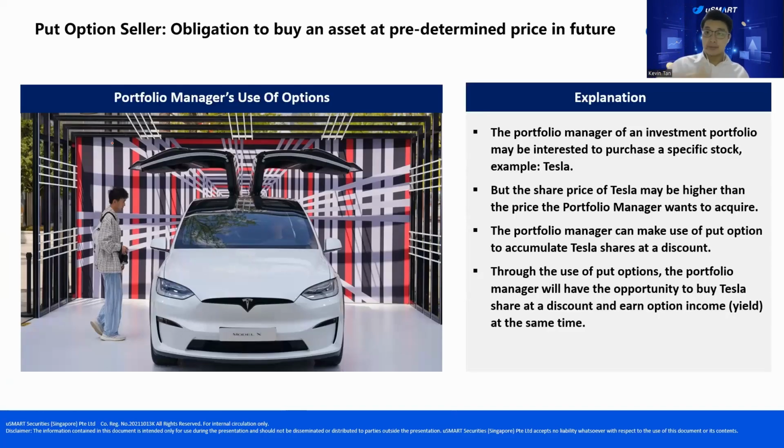So using the same example, let's assume that right now you are a portfolio manager of an investment portfolio. You see huge potential in Tesla shares, and you would like to purchase some Tesla shares, but maybe Tesla shares is too high. Right now it's $257, but maybe you would like to just buy it at $200.